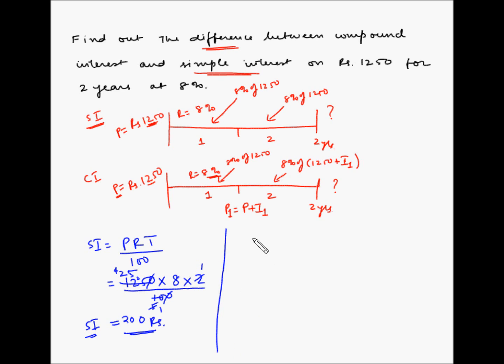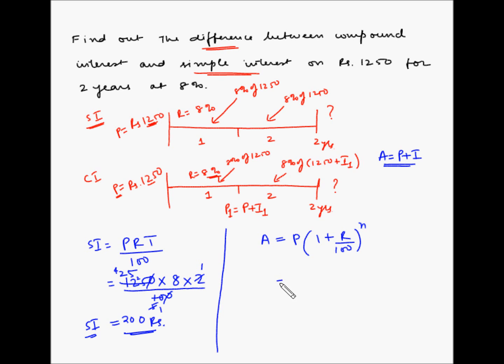Now let's do the calculation for compound interest. So in case of compound interest, the formula for the total amount is: amount is equal to principal plus the interest. So amount is equal to principal multiplied by 1 plus R by 100 to the power n, where n is the time frame.